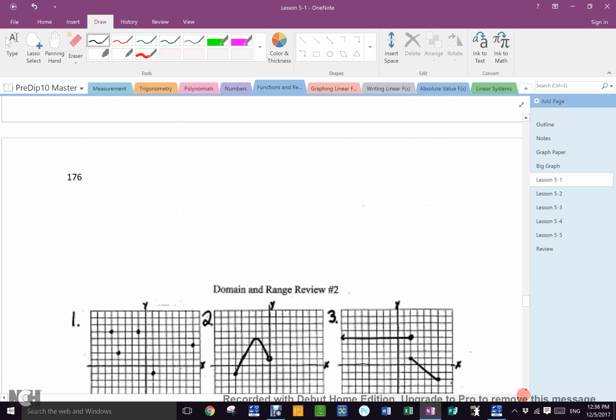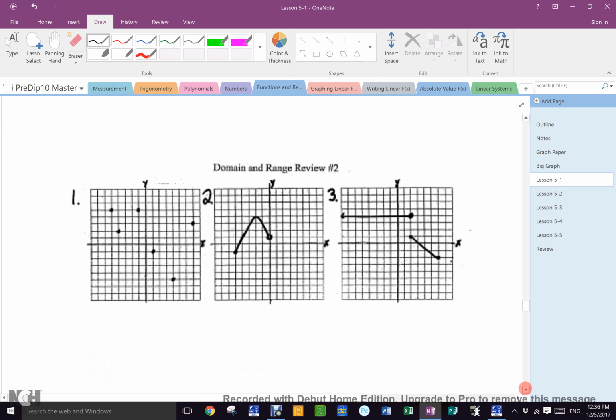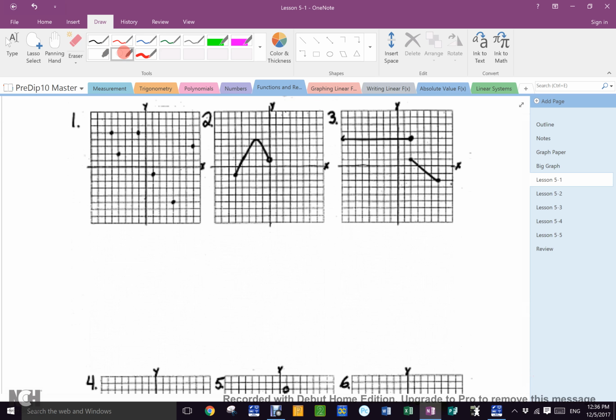Turn on to 176. Number 2, open dot, but only at that one.